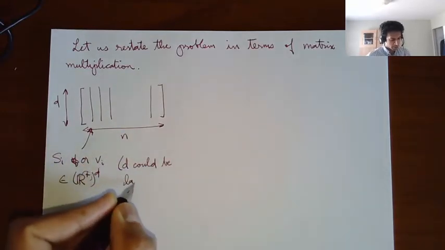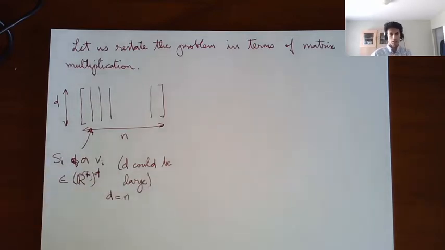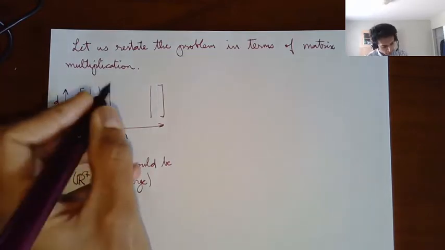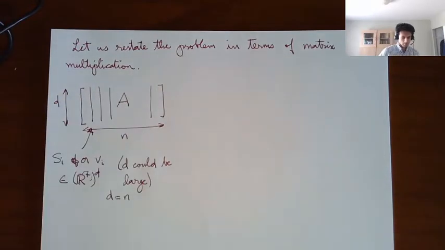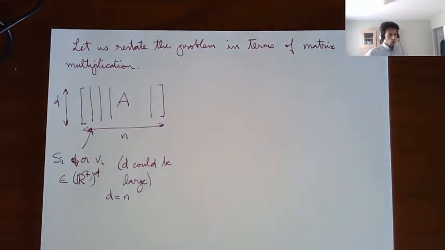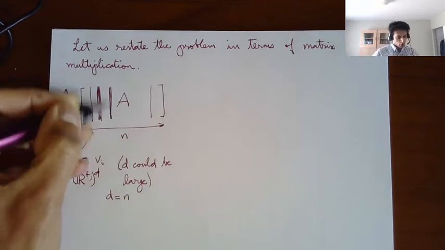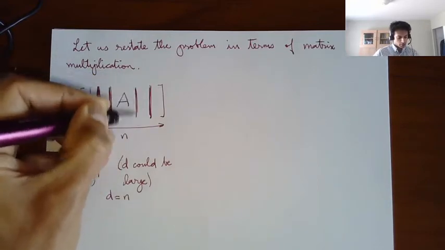And in many applications, d might even be equal to n. That's not an uncommon setting. So I'm going to refer to this matrix as A. What am I looking for? I'm looking for all pairs of columns whose dot product is large.